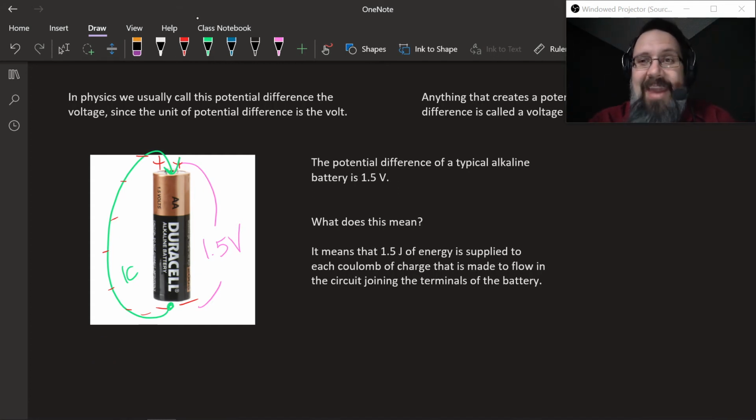So when that many electrons flow through the wire from one end of the battery to the other end, it'll be roughly 1.5 joules of energy that were supplied to it.